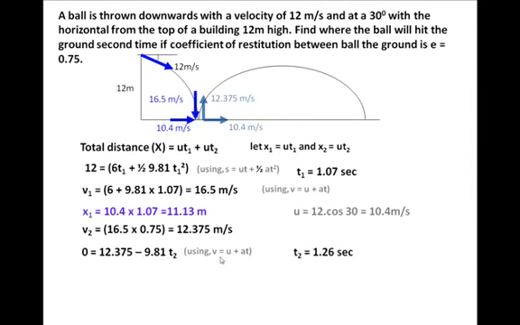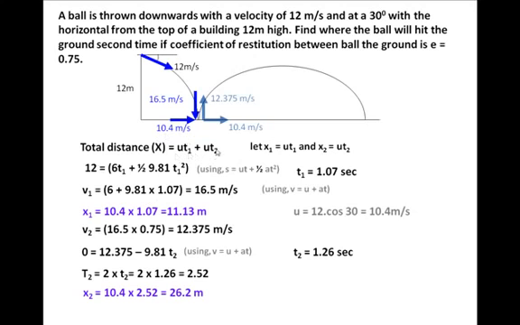And then twice of that will be the total time of flight. You get capital T2. And then x2 will be 2.52 into 10.4, that is 26.2.